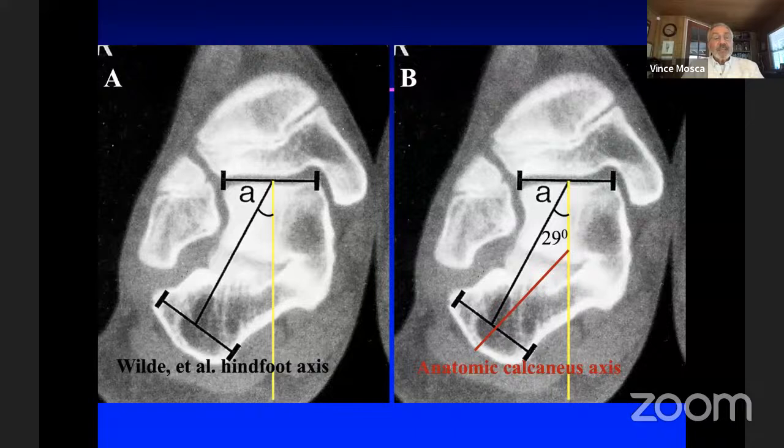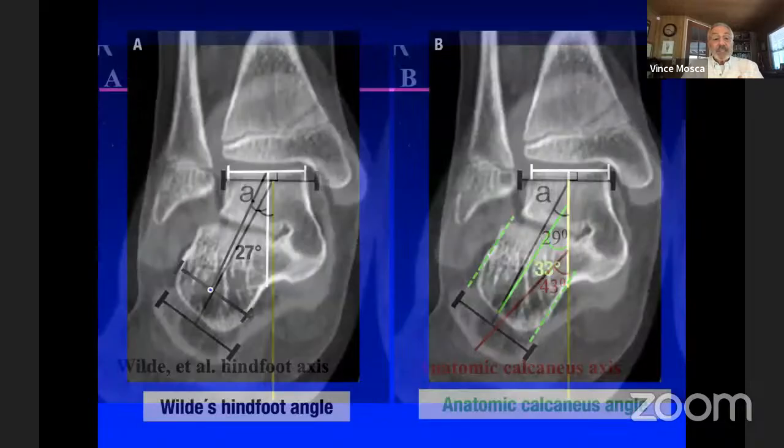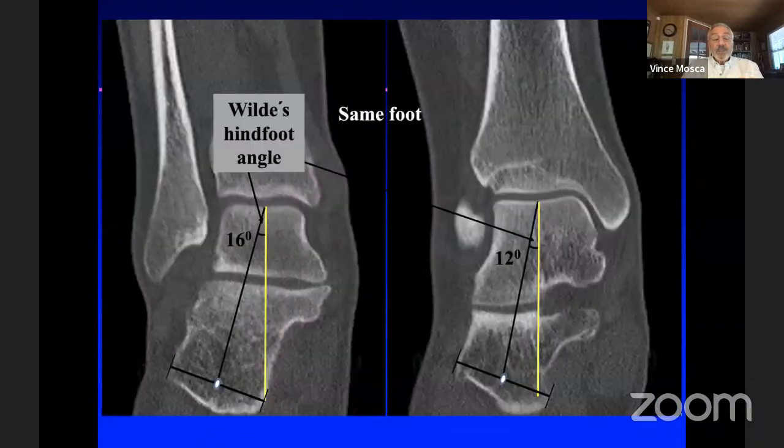It varies from slice to slice in a CT scan, whereas had they chosen the anatomic calcaneus axis, which I drew in red, so that's the axis of the calcaneus, they would come up with a very different number, but one that's consistent from slice to slice within a CT scan. And so here, these are two slices, same foot, same CT scan, same day, and based on whether it's more anterior or posterior, you can see either more or less vertical height of the calcaneus.